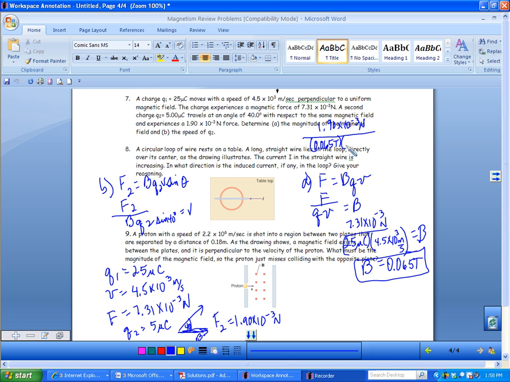Q2 this time is 5 microcoulombs. My sine of 40. Make sure you're in the degree mode on your calculator and solve for V. So when I did that, I got V to be 9.1 times 10 to the third meters per second.